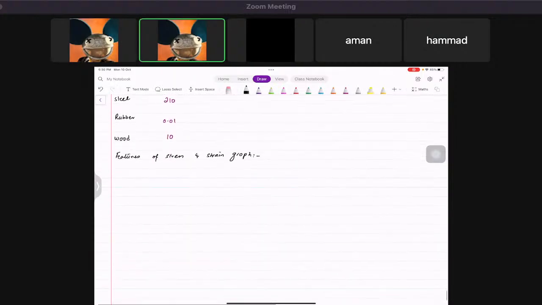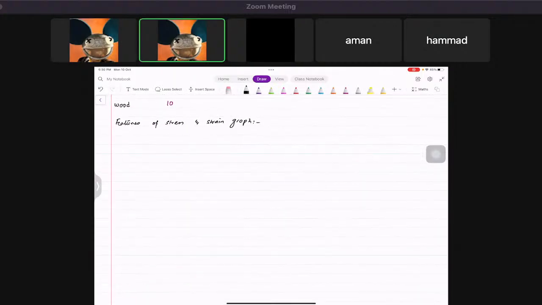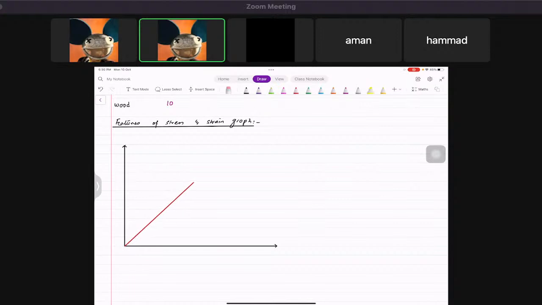Now, we're going to learn some of the features of the graph, and let's see, it'll be fun. So the graph basically looks like this, mainly. Initially there is a straight line, and then the graph turns like this and like that. So this point is the limit of proportionality.